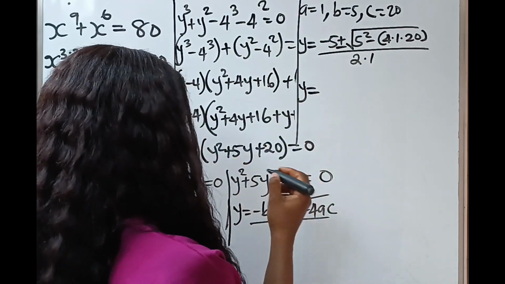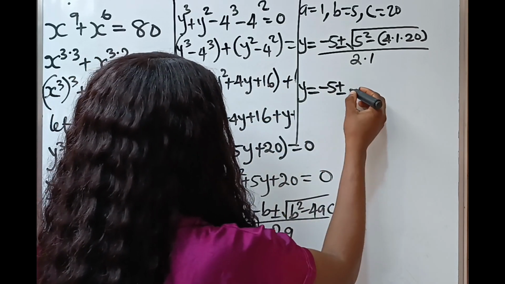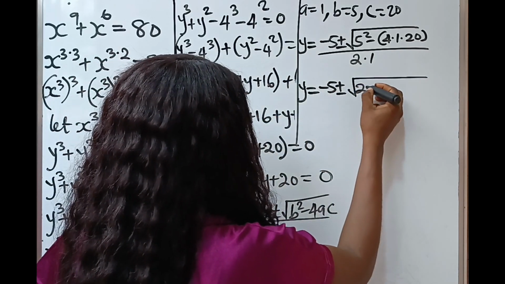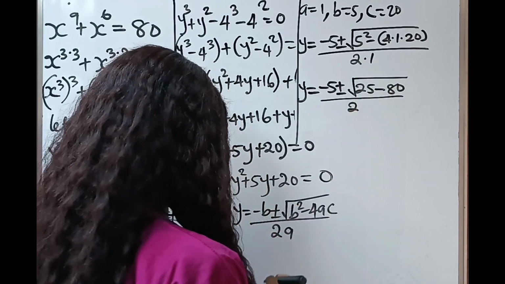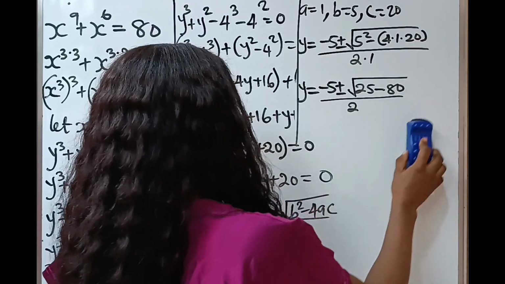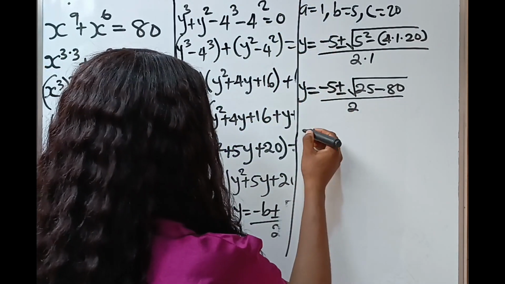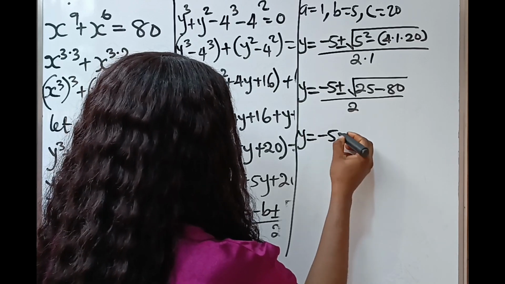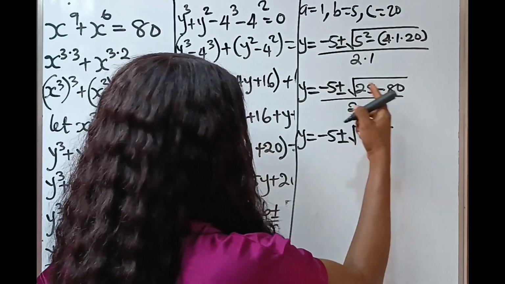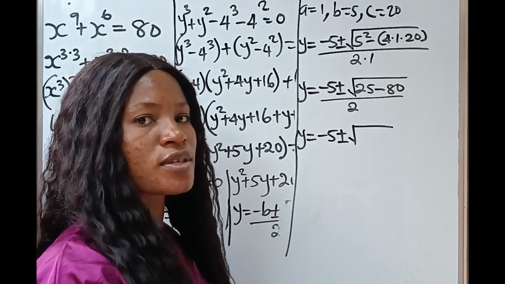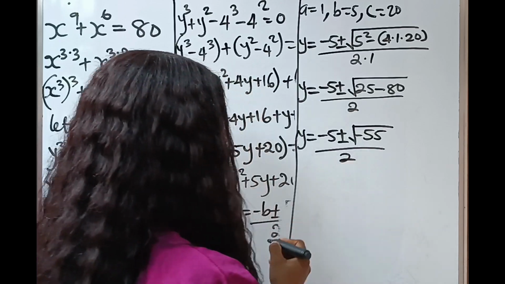So we can write y to be equal to minus 5 plus or minus the square root of 25 minus 80, divided by 2. So we can write that our y is equal to minus 5 plus or minus the square root of 25 minus 80, which will give us minus 55, right? So we have minus 5 plus or minus the square root of minus 55, divided by 2.